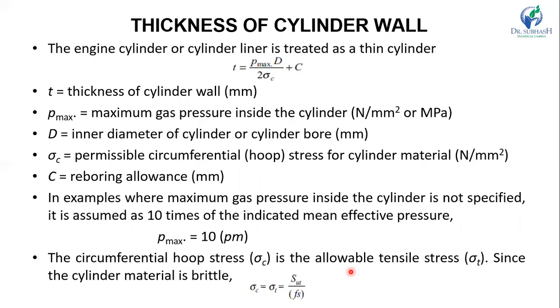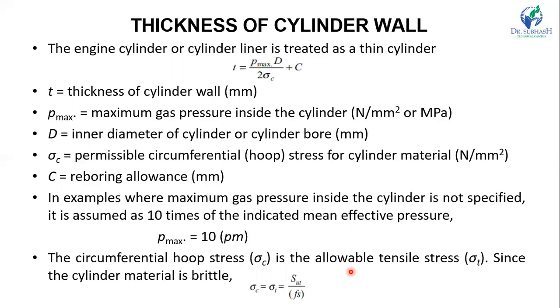Now let us find the thickness of the cylinder wall. The cylinder wall is subjected to the gas pressure and the piston side thrust. The gas pressure produces two types of stresses: one is the longitudinal stress and the second is the circumferential stress.